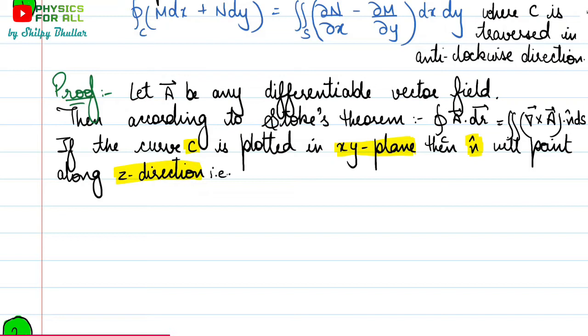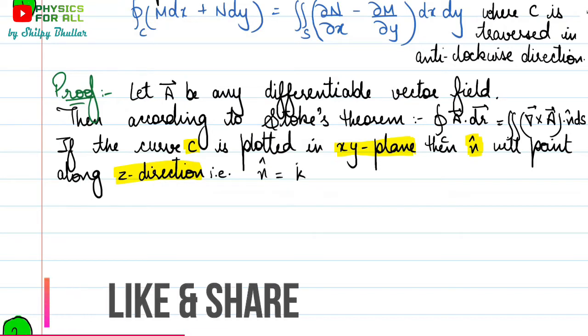Here again, we have drawn a curve C enclosing surface S. That surface is in the xy plane, and the curve C is also drawn in the xy plane. So we have to consider a unit vector n cap which will point in the z direction. If the curve is in the xy plane, the surface is in the xy plane, so n cap will point in the perpendicular direction, that is the z direction. That means our n cap is basically k cap.